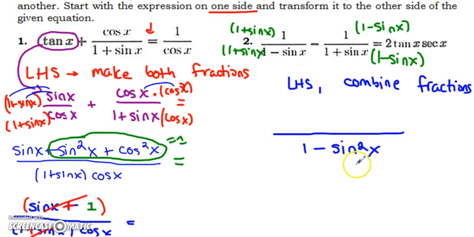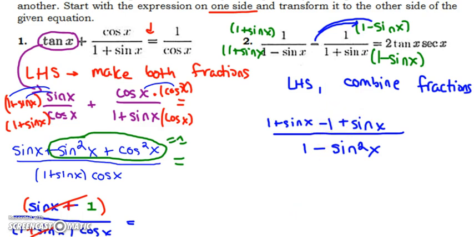Hoping you remember that, because that's what happens to our denominator here. Then up here we get 1 plus the sine of x. Now technically we're subtracting here, so that's really a negative 1, and that's really a positive sine of x.